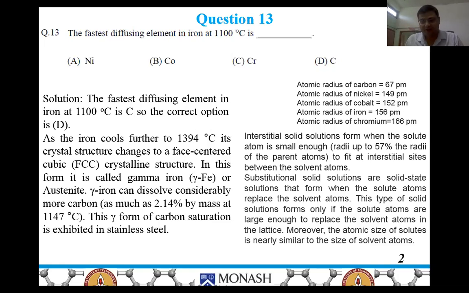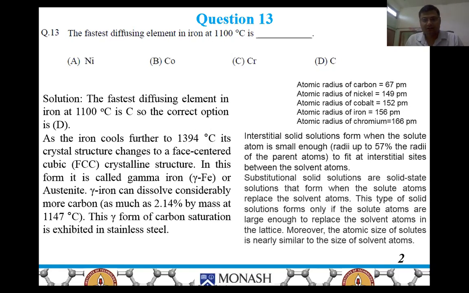Substitutional solid solutions form when solute atoms replace solvent atoms, and this type of solid solution forms only if solute atoms are large enough to replace the solvent atoms in the lattice. Moreover, the atomic size of the solute is nearly similar to the size of the solvent atoms.